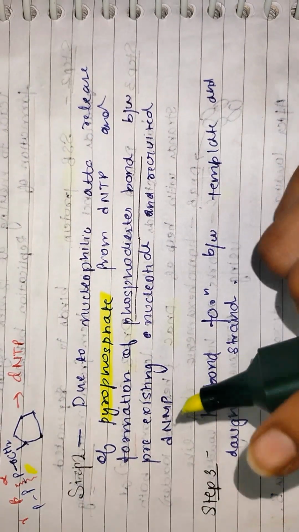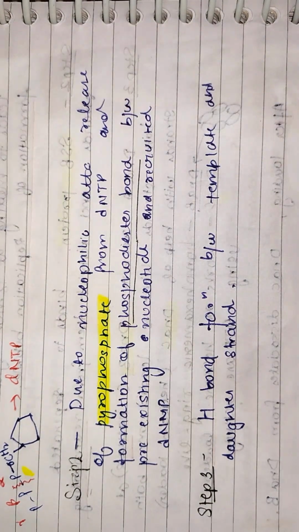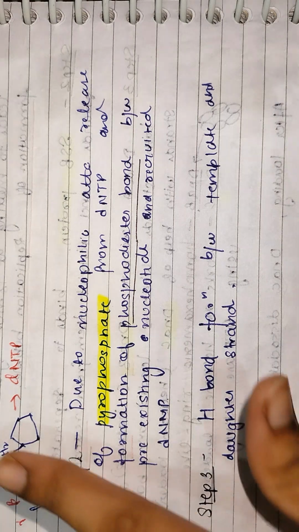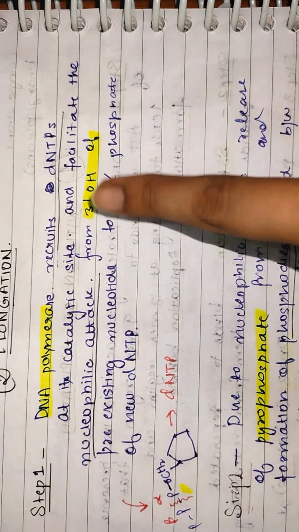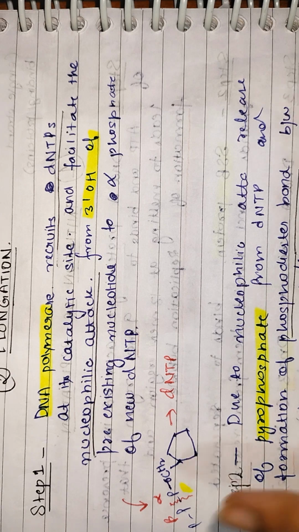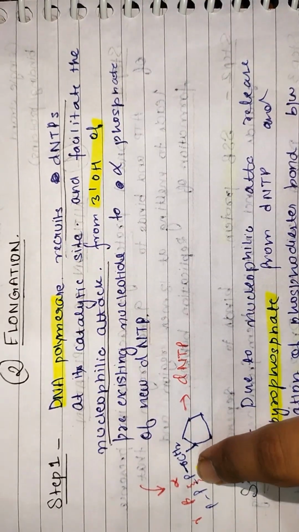So step 2 will be, due to the nucleophilic attack, there will be a release of pyrophosphate. Pyrophosphate means 2 phosphates will be released from this dNTP. Why? Because the 3' OH of the pre-existing nucleotide makes an attack on the alpha phosphate and makes a phosphodiester bond with the alpha phosphate.